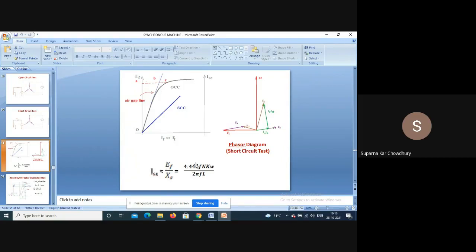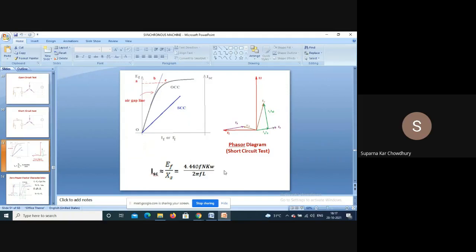EF is 4.44 pi F N into kW, whereas XS is twice pi FL. So F gets cancelled out. Basically, the short circuit current does not depend on the frequency.